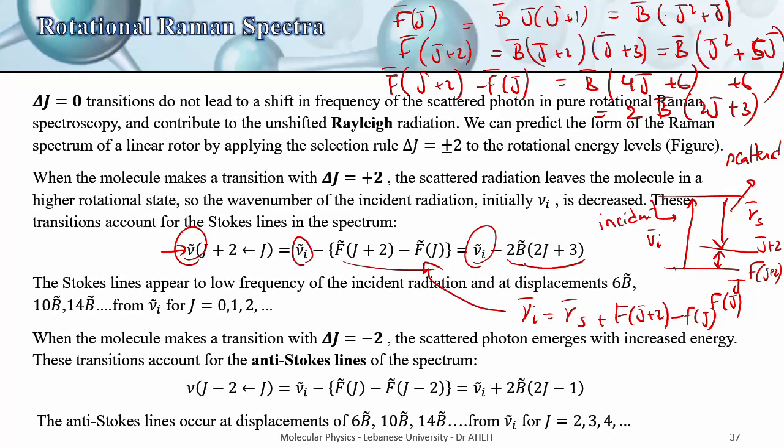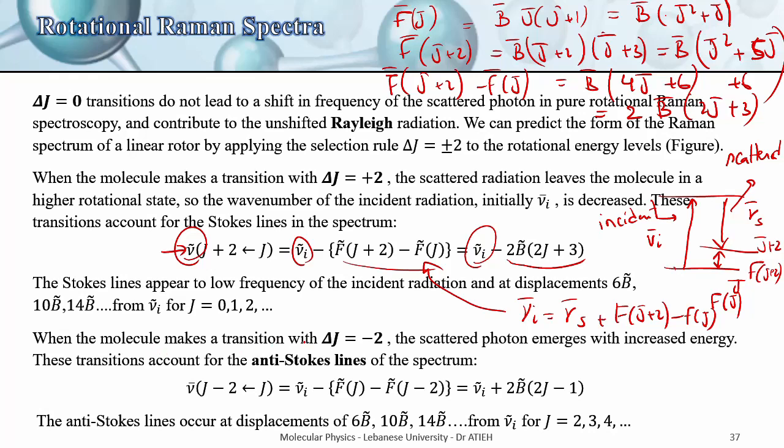So if we substitute J equals 0 for a transition between 0 and 2, we get the difference 6B, and then 10B if we substitute J equals 1, and then 14B, etc. So you can see that the distance between two successive lines will be 4B. In absorption Raman spectra it was 2B, and here it is 4B.